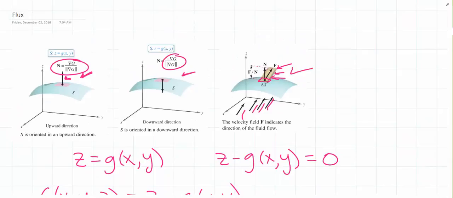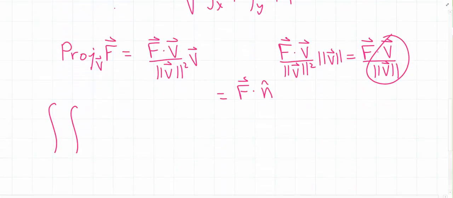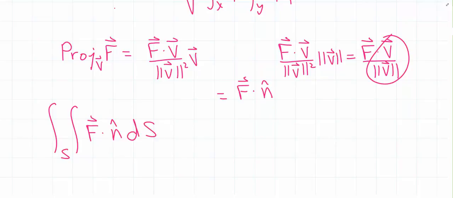I'm going to add up infinitely many of these infinitesimally small little shapes. And what I'm going to get over this surface is the height times the area of the base. And the area of the base is dS.